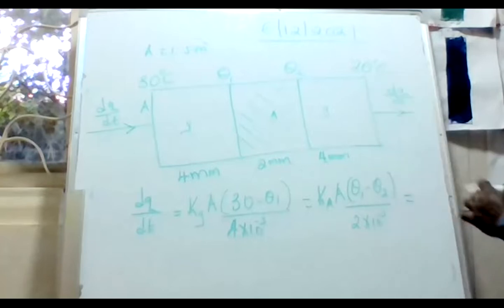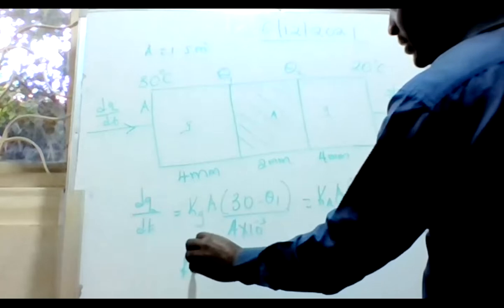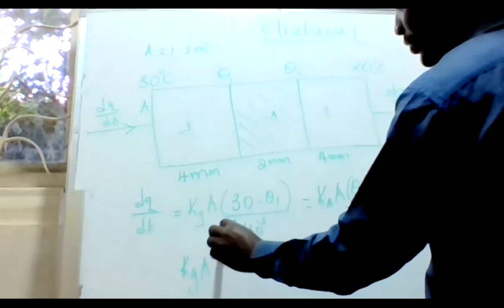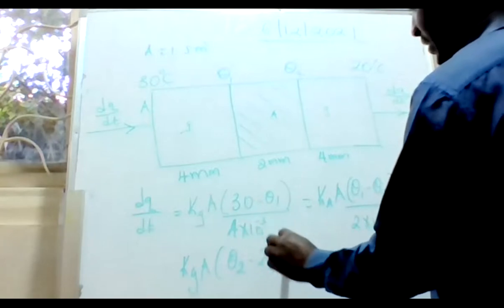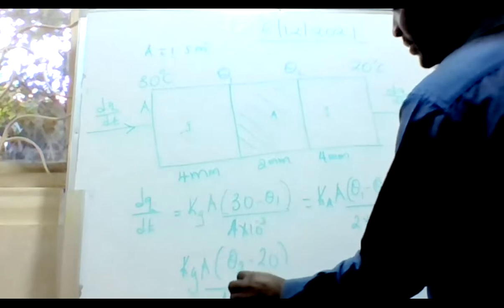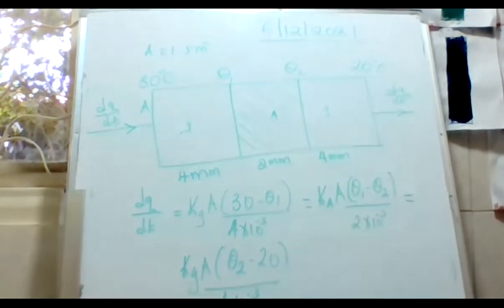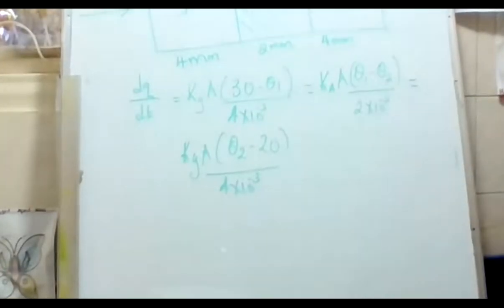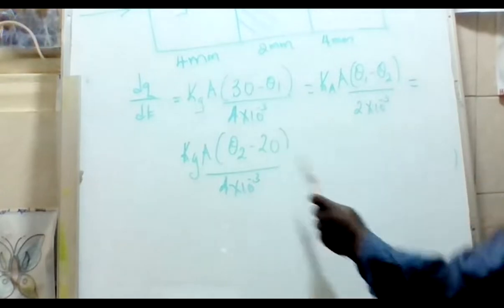This is equal to the outside one here, which is K_g A into theta 2 minus 20, divided by 4 times 10 power negative 3. So now we have 3 expressions, simple like that.